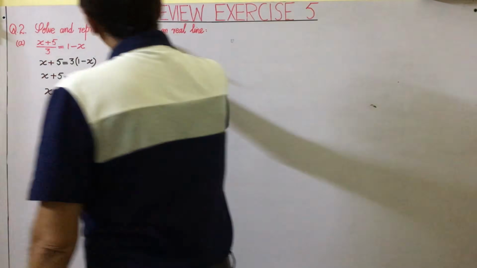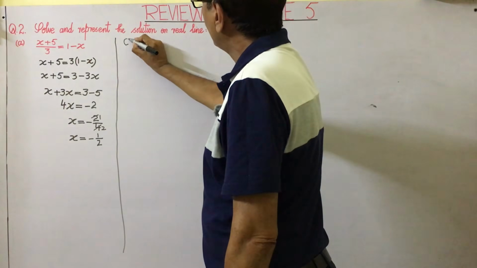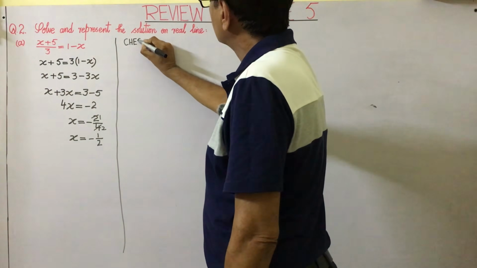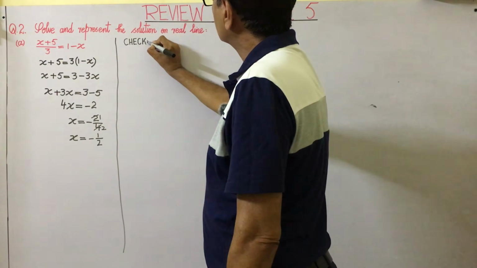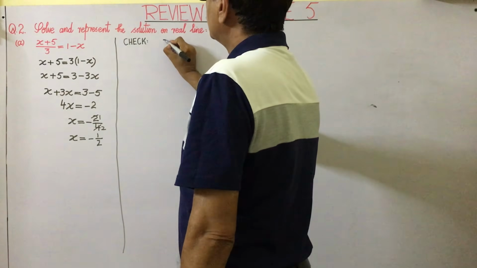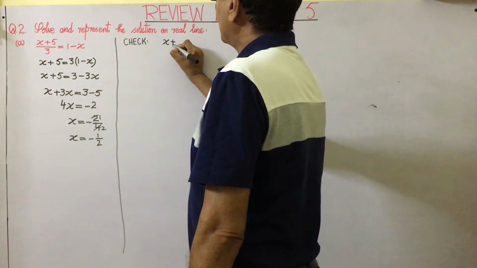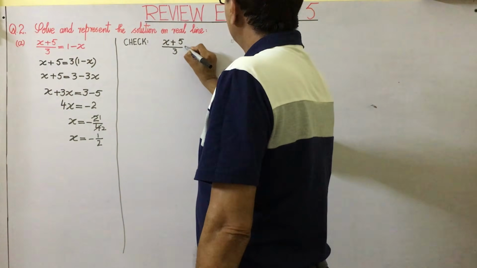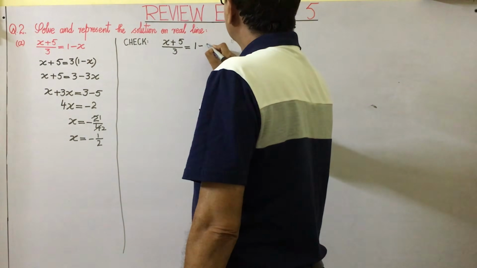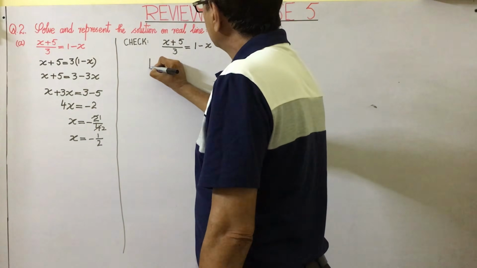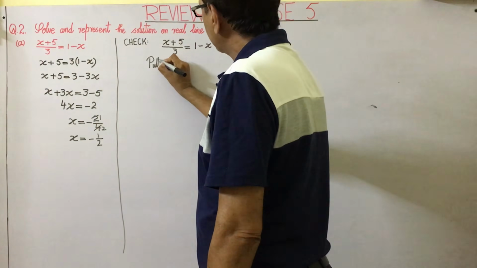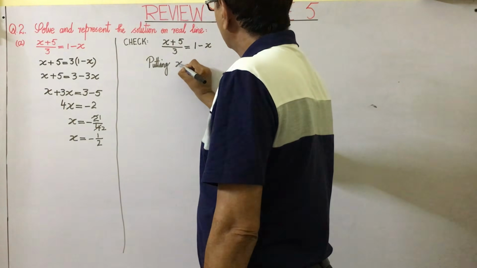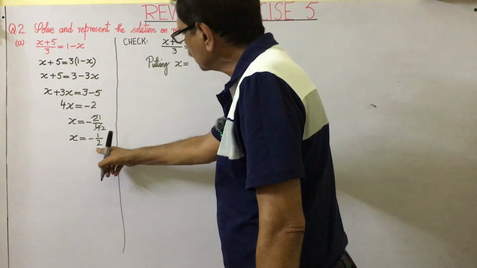Check. Given equation is (x plus 5) over 3 equals 1 minus x. Putting x is equal to minus 1 by 2.